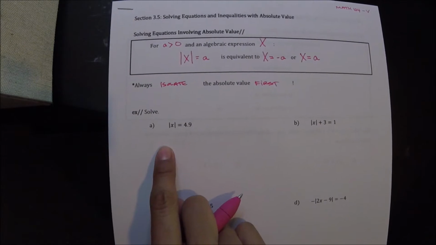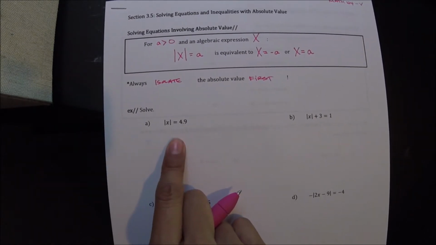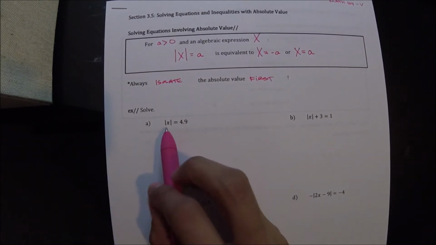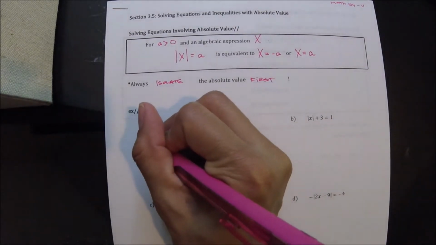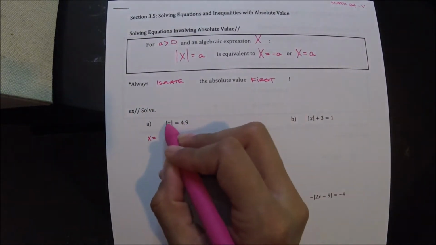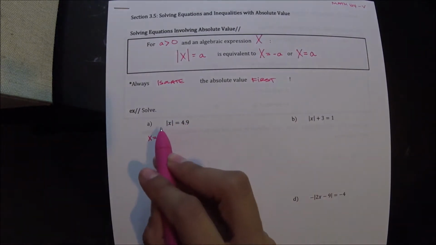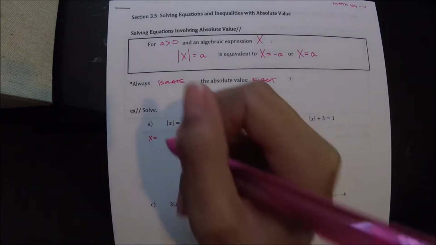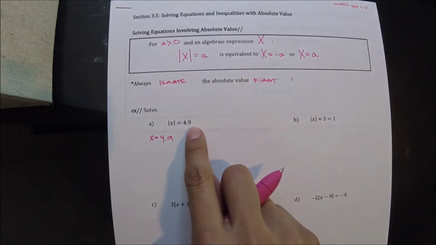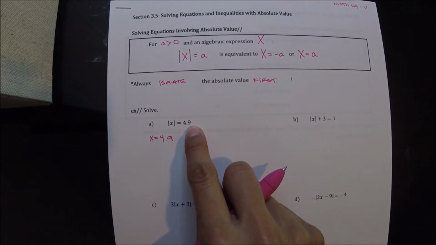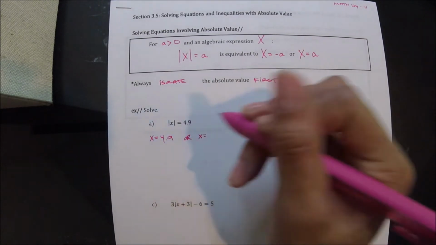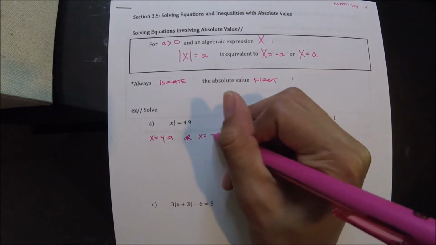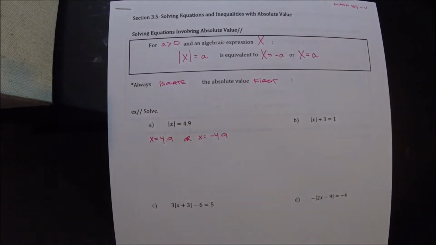Okay, so solving this one, part A, we have the absolute value of x equals 4.9. So what we're going to do is take the argument of the absolute value, which is just x, and set it equal to 4.9, or we'll take the inside part and set it equal to negative 4.9.